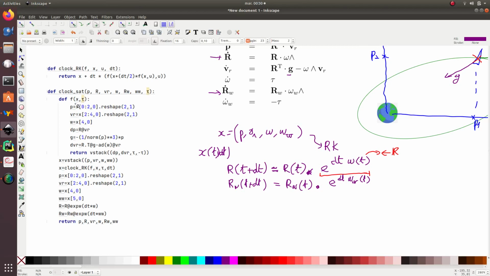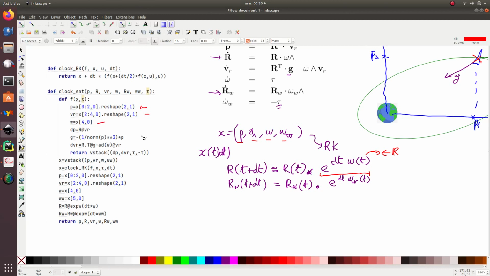So for the function f, which depends on x and tau, the input for my system, I will take from x, isolate p, vr, w, wr here.